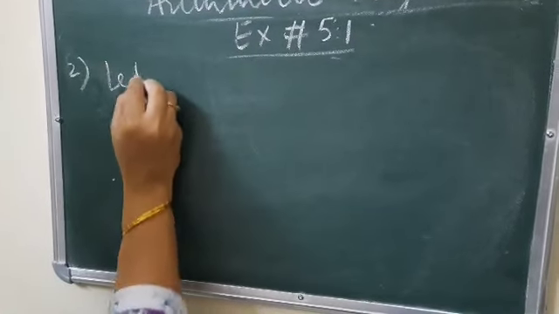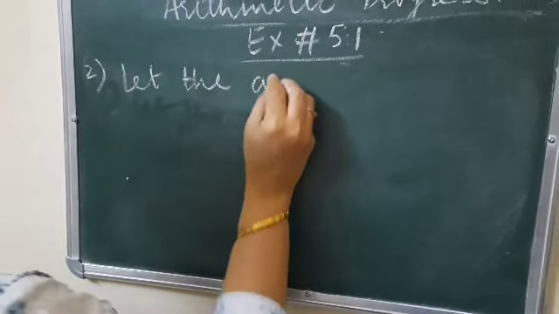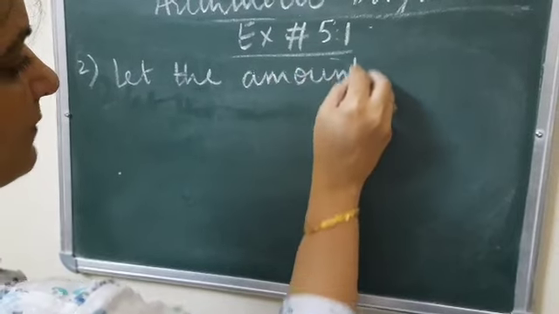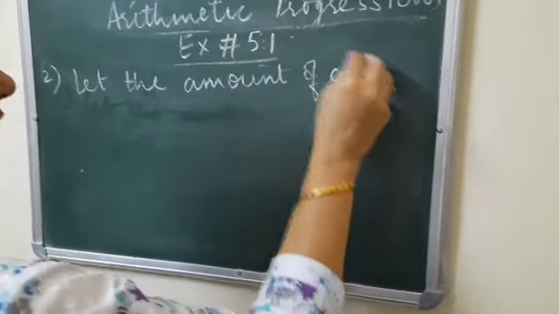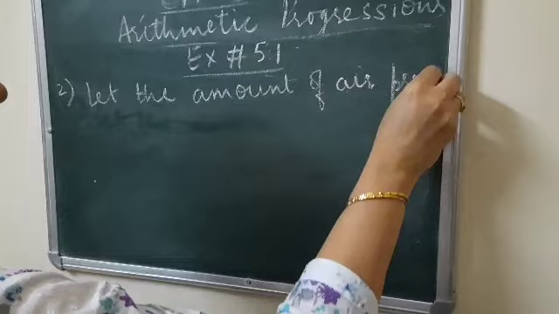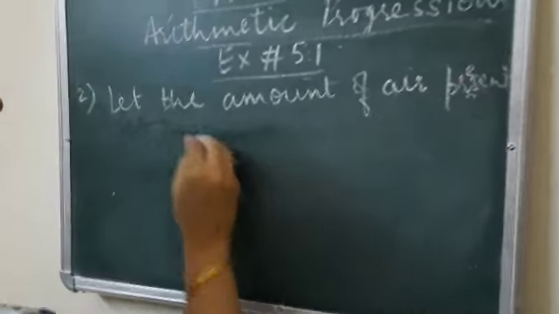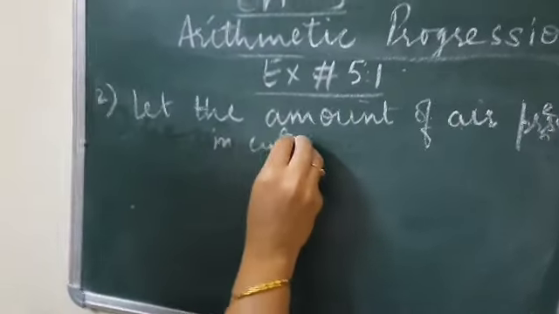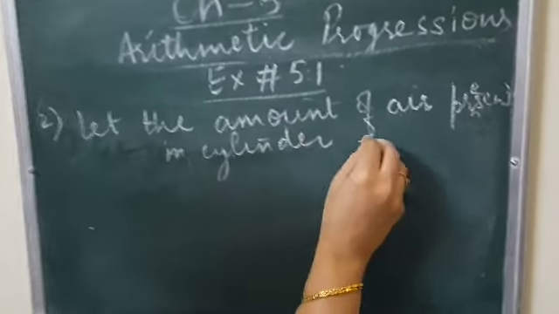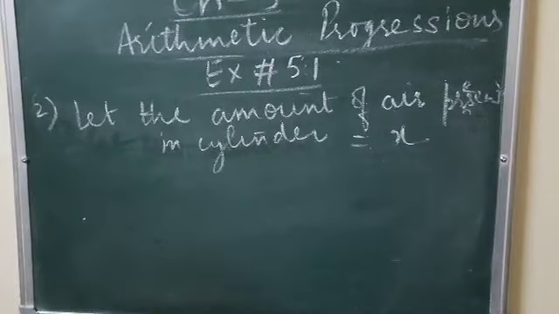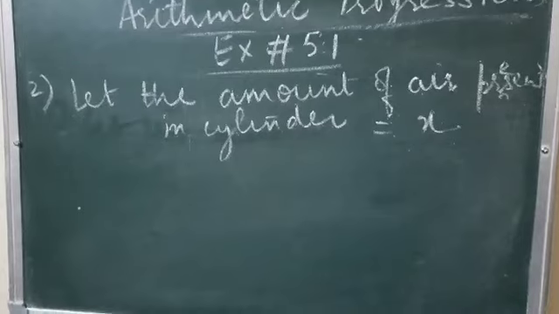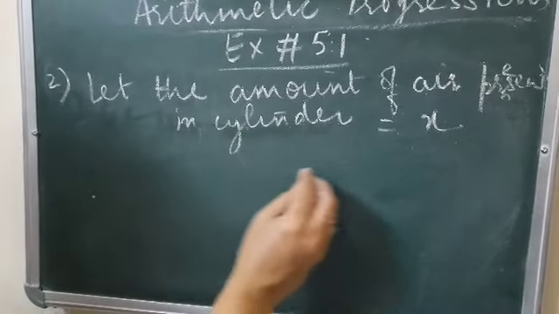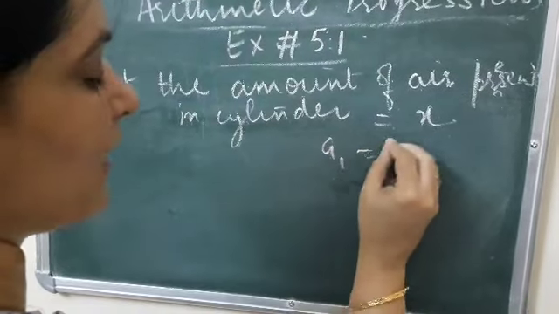So let the amount of air present be x. Initially the amount of air present in the cylinder is x. Now, this will be acting as a1. That means our a1 is x.